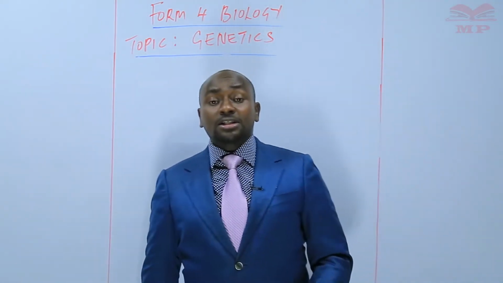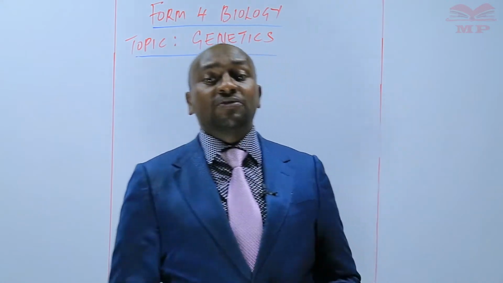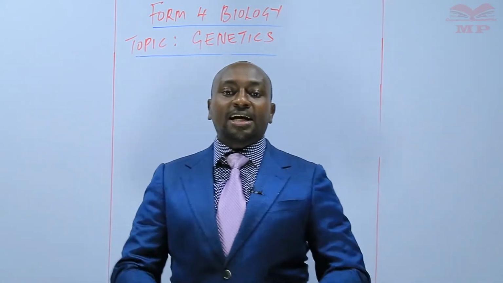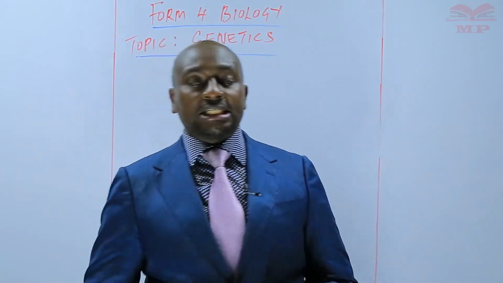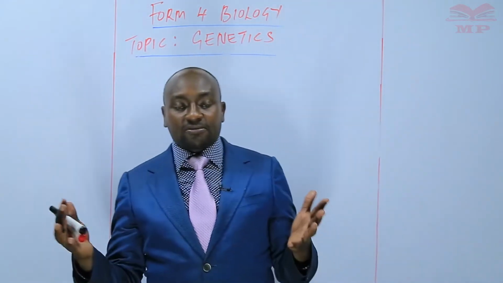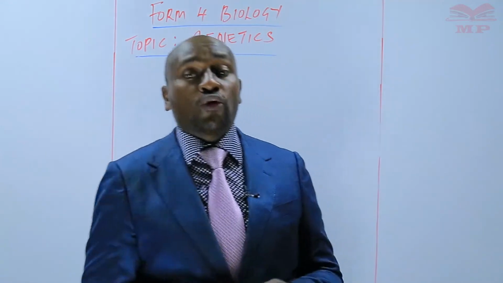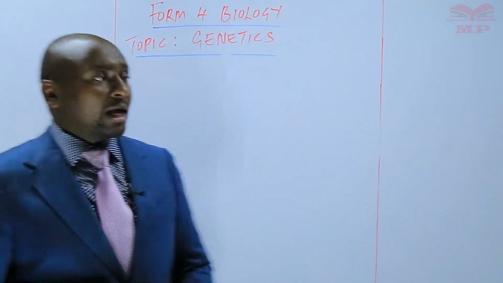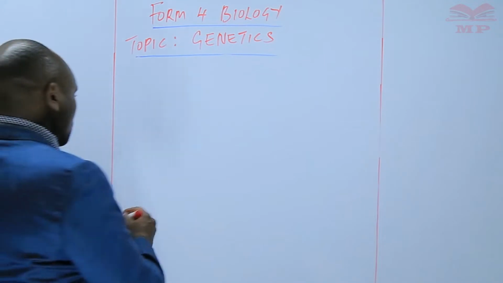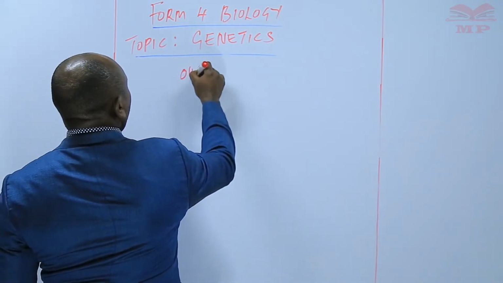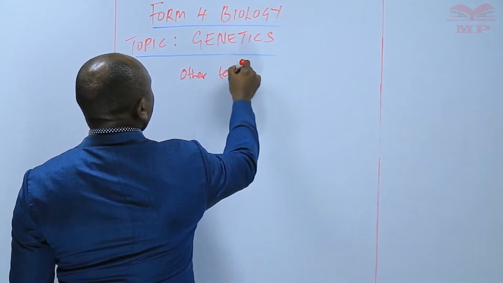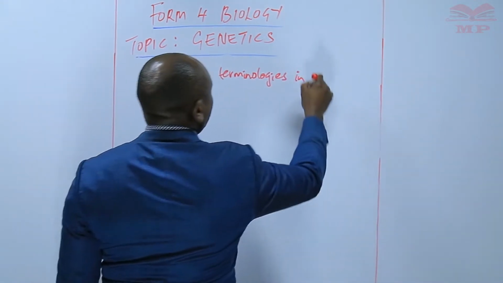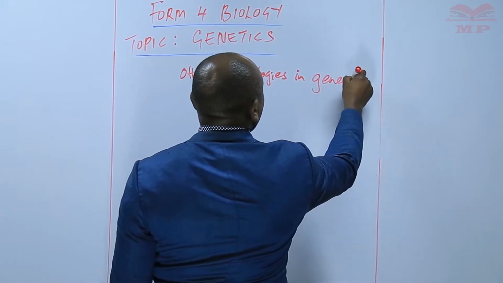On the other hand, a recessive gene is a suppressed gene, a gene that does not get an opportunity to express itself in the presence of the dominant gene. Now, we have other terminologies in genetics.